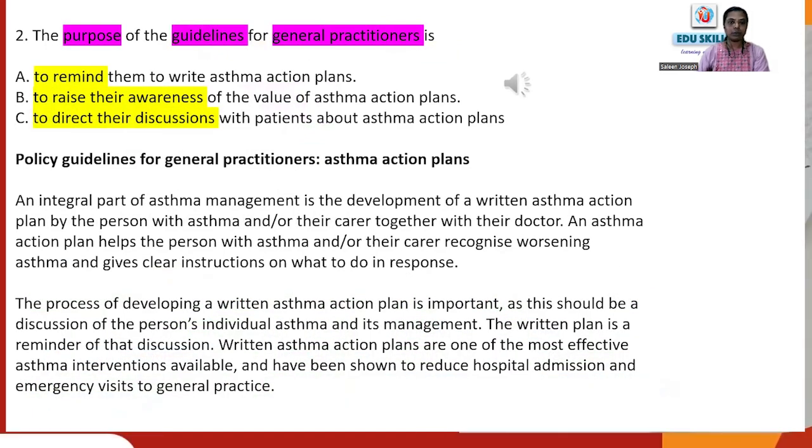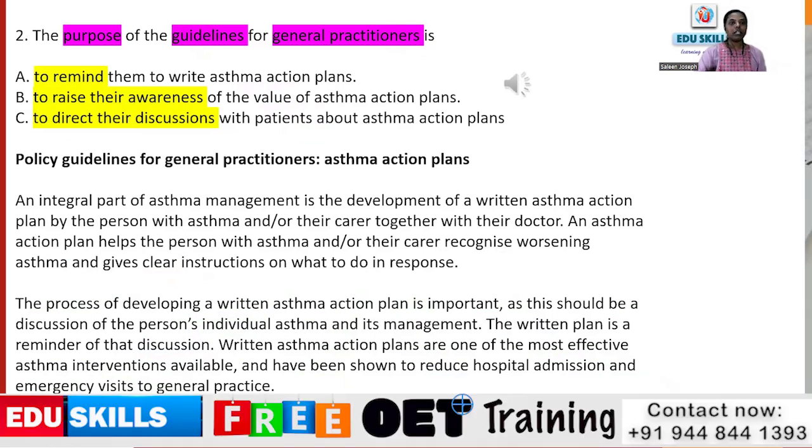Okay. So the second question, the purpose. The purpose of the guidelines for general practitioners is to remind them to write asthma action plans, to raise their awareness of the value of asthma action plans, to direct their discussions with patients about asthma action plans.